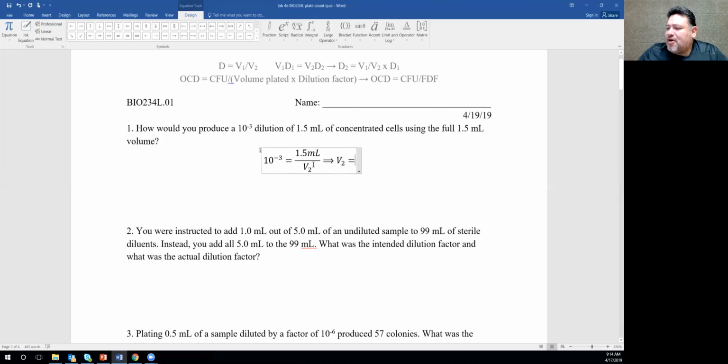Well, we're solving it algebraically. You would multiply both sides by V2, and we'll put it in a numerator over here, and then you divide this side by 10 to the negative third. So once you do your basic algebra, it would look like this. 1.5 mLs divided by 10 to the negative third.